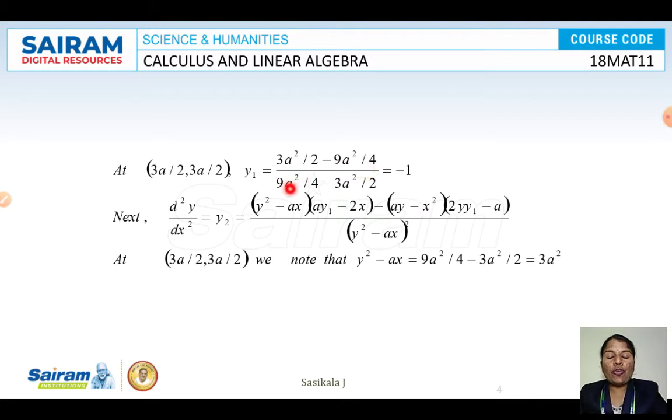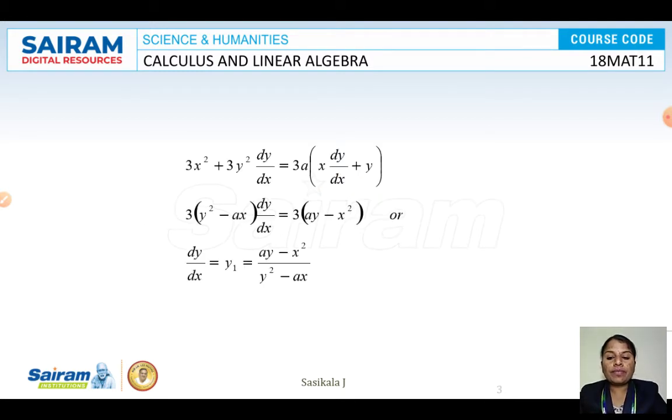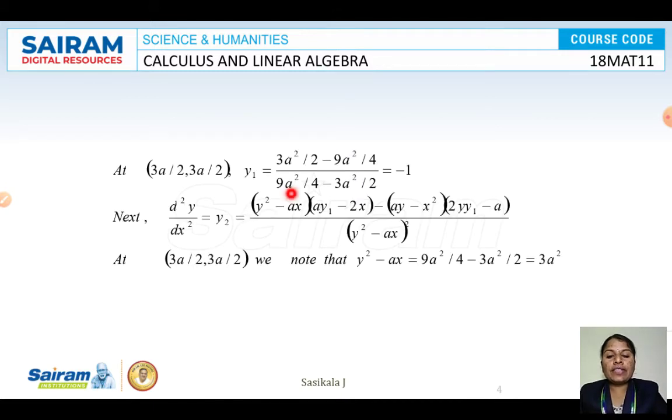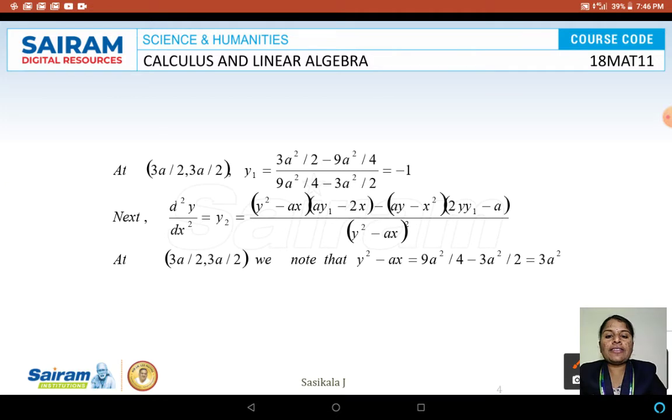Similarly in the denominator, y squared minus ax: y squared is again 9a squared by 4, and then minus 3a into a, it will be 3a squared by 2. Okay, so you can do that. What will happen here? Take the LCM for 4.